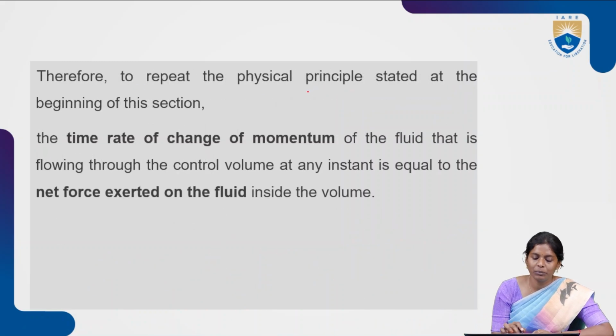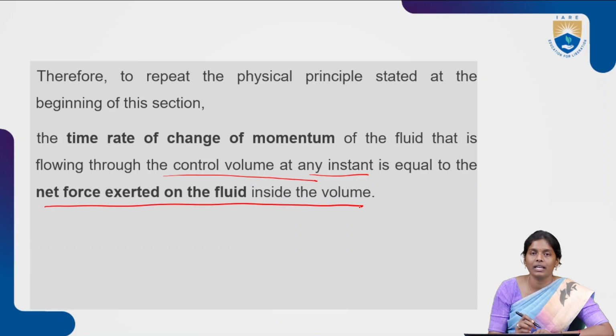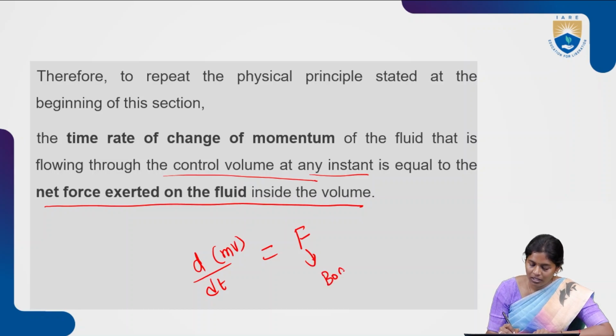So therefore, to repeat the physical principle stated: the time rate of change of momentum of the fluid that flows through the control volume at any instant is equal to the net force exerted on the fluid inside the control volume. That is d by dt of mv equal to the net force exerted. Inside this force, we have seen the body force and surface forces acting, right?